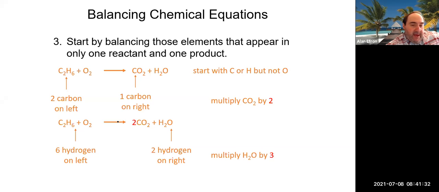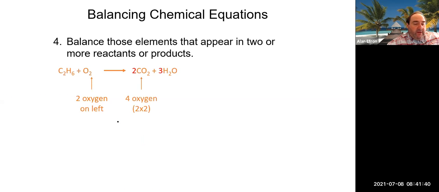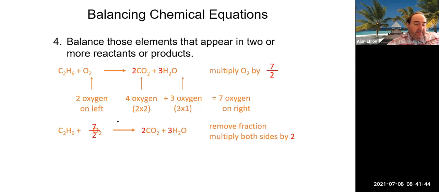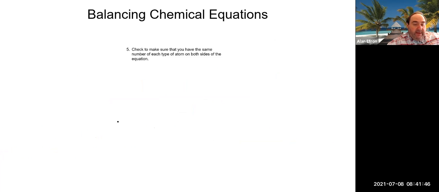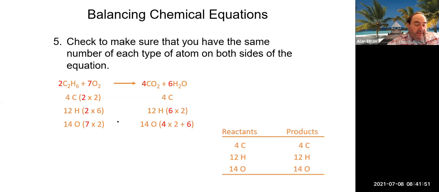Add a number to the left, add a number to the right, maybe add a number to both sides at once, and keep going until, if you're on the right path, at some point everything will come together and balance out, and everything else will fall into place.